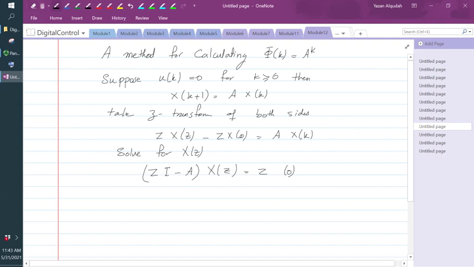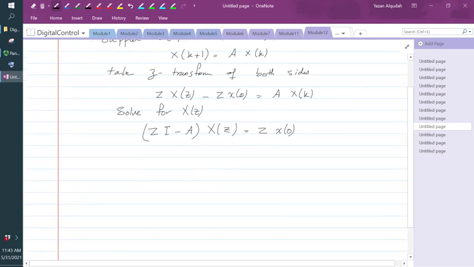And remember, x of 0 is a small letter because this is in the time domain. Okay, so from this I can write X of z is equal to z multiplied by zI minus A inverse multiplied by x of 0.